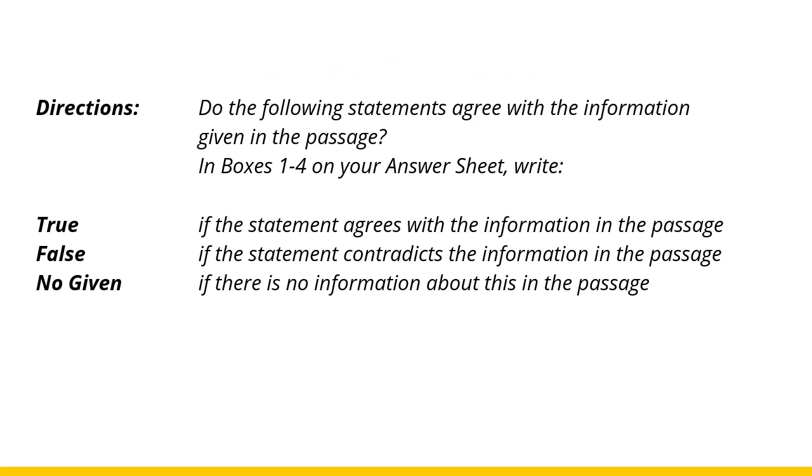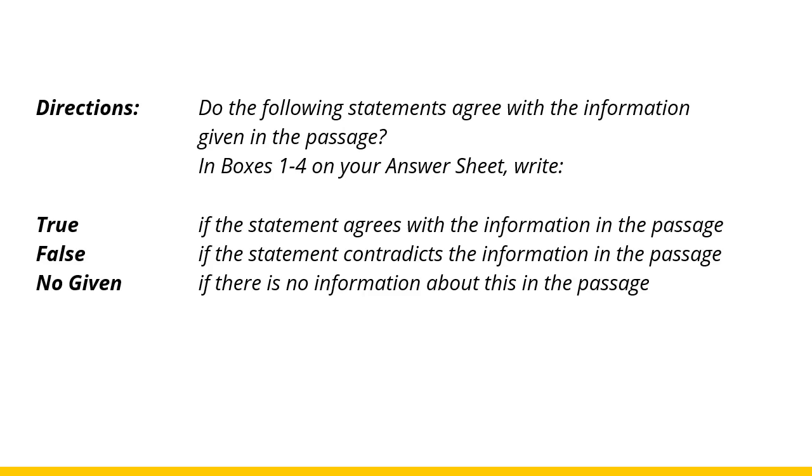When you have true, false, and not given type of task in the IELTS exam, you'll be asked the following question. Do the following statements agree with the information given in the passage? In boxes 1 through 4 on your answer sheet, write. So here we have important 3 points, and as you remember, you'll be given different statements.